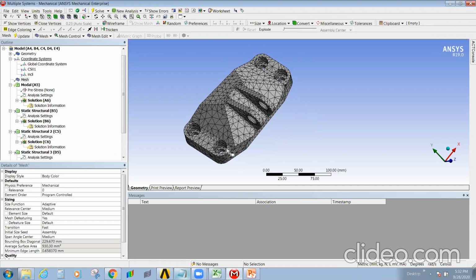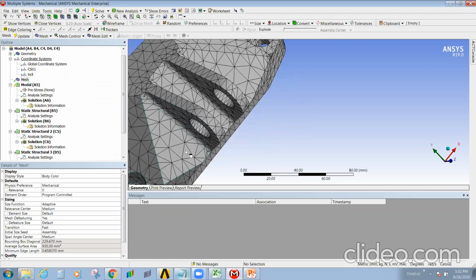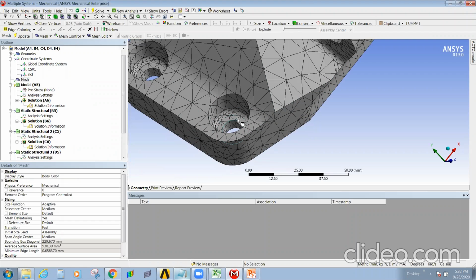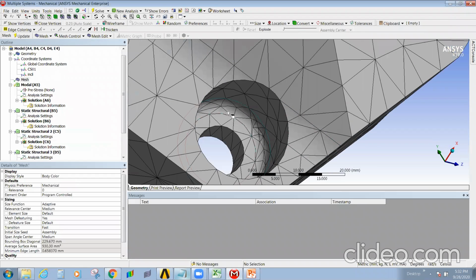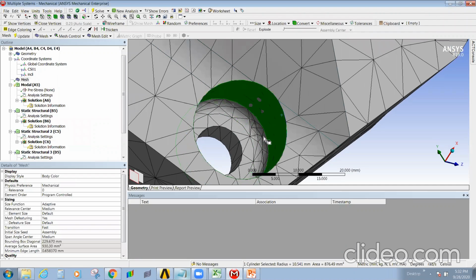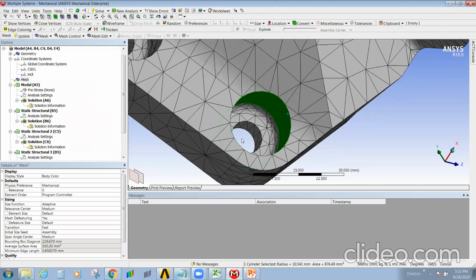Typically at the critical areas, these are the critical ones, you can see that your fillets are filled with one or two elements minimum.